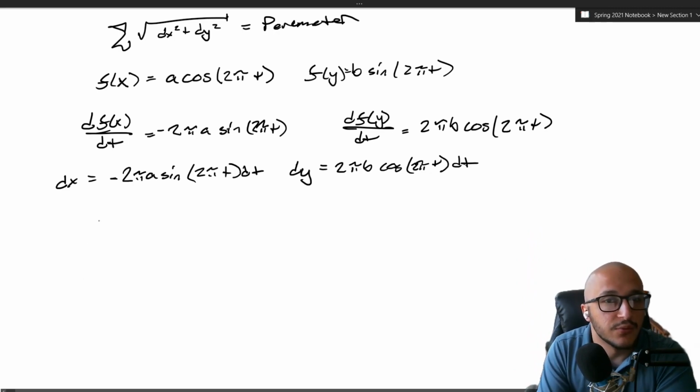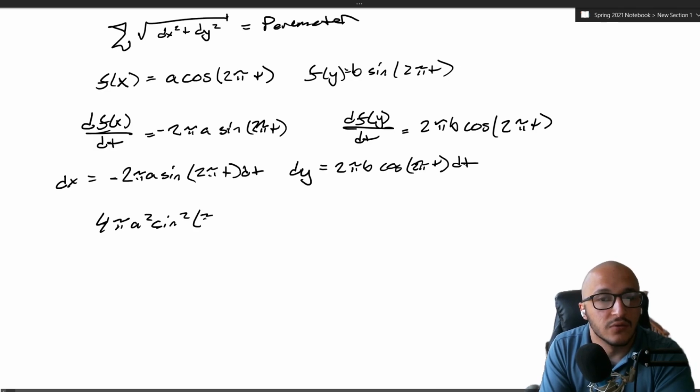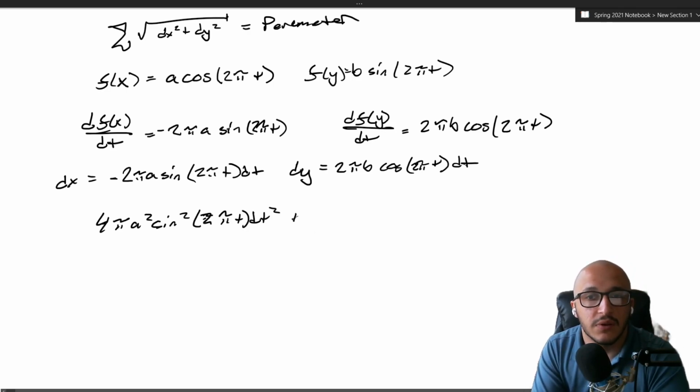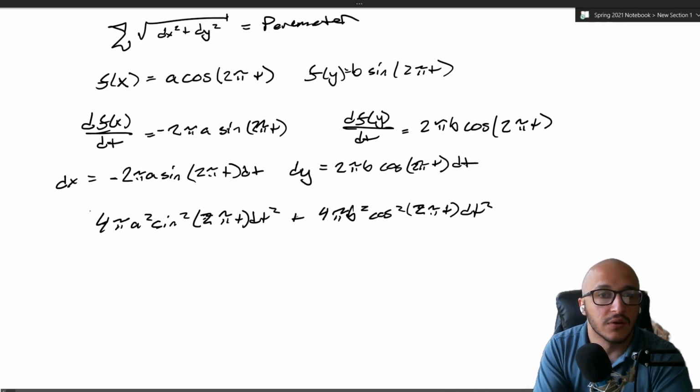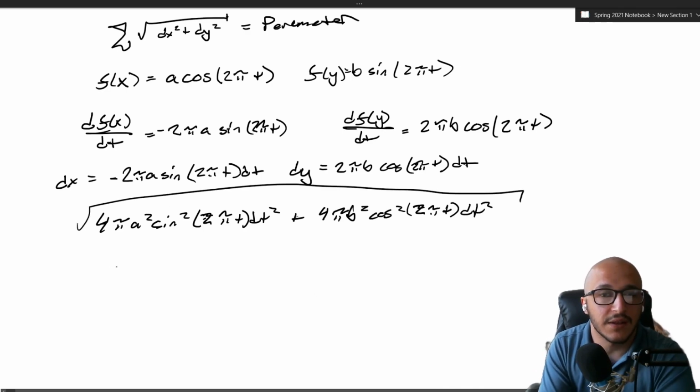Now if we square this, it would be 4 pi a squared sine squared 2 pi t dt squared, and then this would be 4 pi b squared cosine squared 2 pi t dt squared, and then you take the square root of all of that.